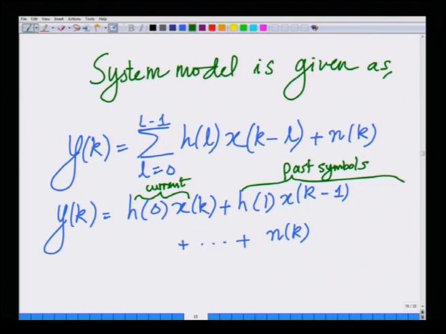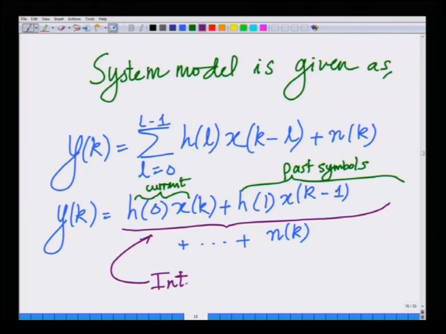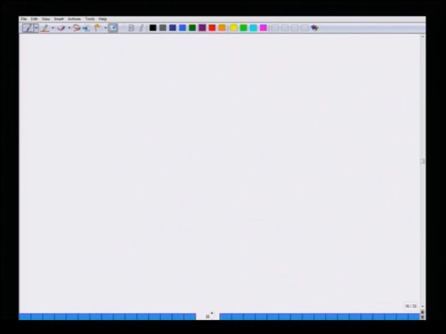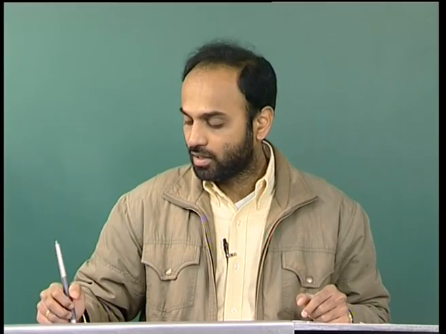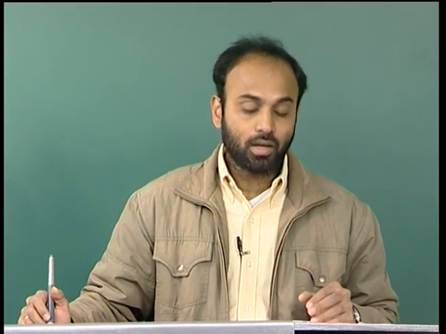So the current output y k depends on x k, the current symbol, and also the past symbols, which essentially means that there is intersymbol interference in this channel, which is modeled as an FIR filter.